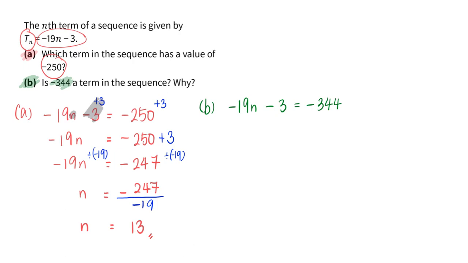So let's see. Let's find the value of n now. So repeating what we have done in part A. So this will be how the working looks like. Okay? And I'm going to divide by negative 19 on both sides.